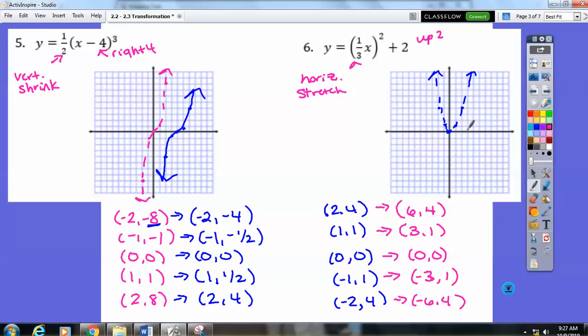These are not my final pieces. But if I take those, if I'm at 6, 4, and then I need to also go up 2, then I just move that up 2. So then we had 3, 1.